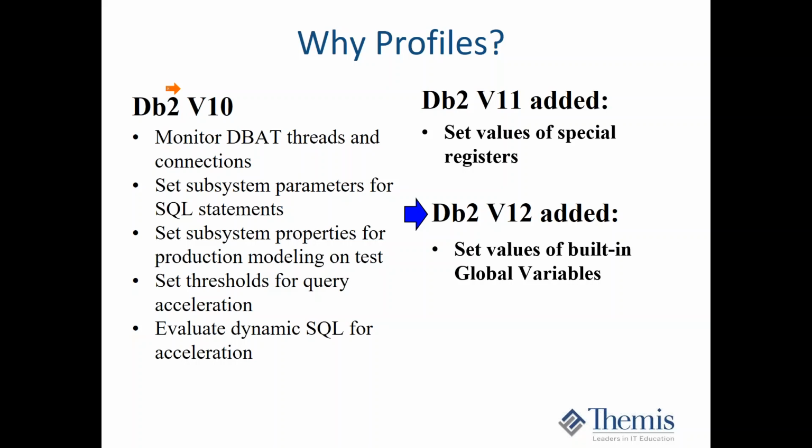Now, historically, people tell me, well, have you looked at profile tables? And they say, well, that's just for the analytic processing. I said, no, it's not just for the analytic accelerator. There's a lot of things I can do with my profiles.